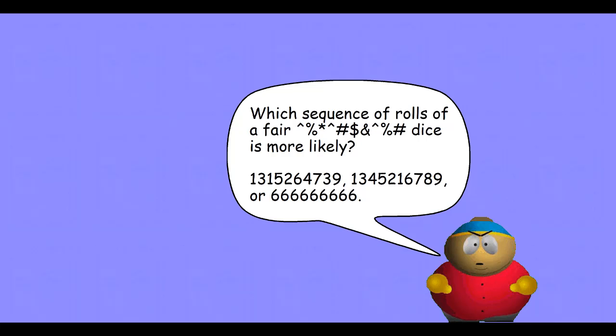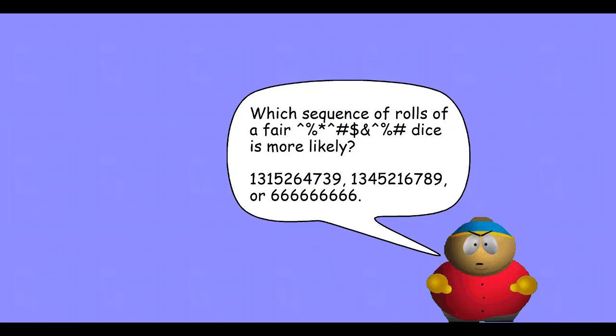Now, chances are people will pick either the first or second sequence because they look more random, and we expect random causal events to result in random outcomes. However, the third sequence is actually more probable. Every sequence of dice rolls with an equal number of throws is going to be equiprobable.